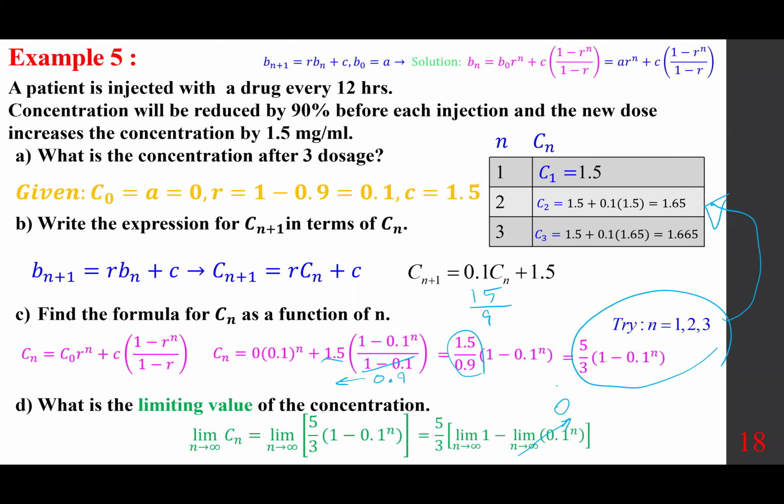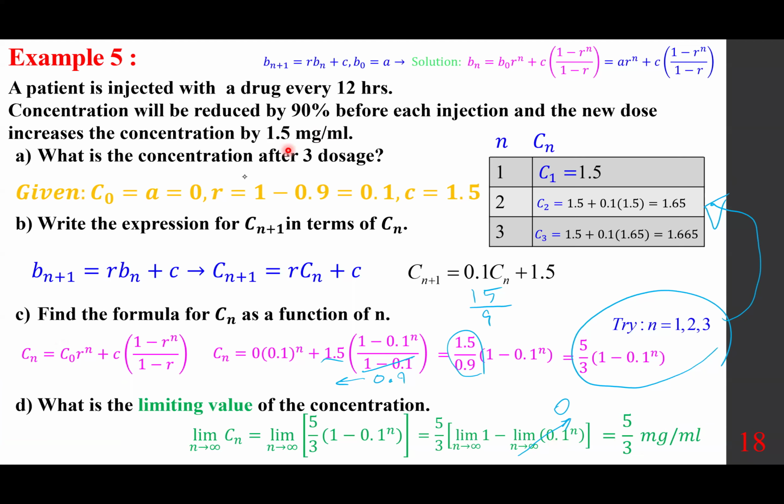And we should know this is 0, because 0.1 to the power of n, when the base is between -1 and 1, goes to 0. So the answer is 5/3.